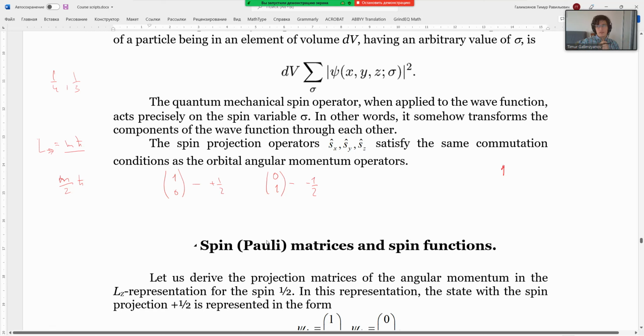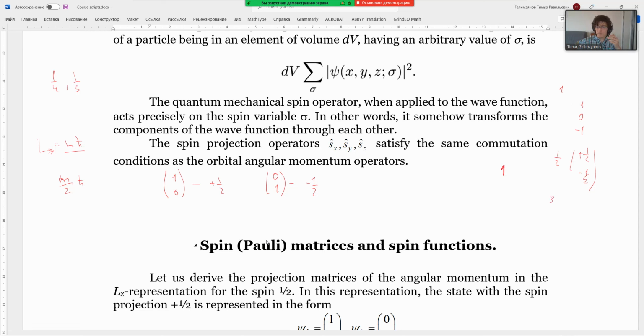Let's take the particle with spin 1. The projection of this spin can be either 1 or 0 or -1. If we take the particle with spin 1/2, its projection would be plus 1/2 and -1/2, because the angular momentum should change only by an integer number, not by a half number.